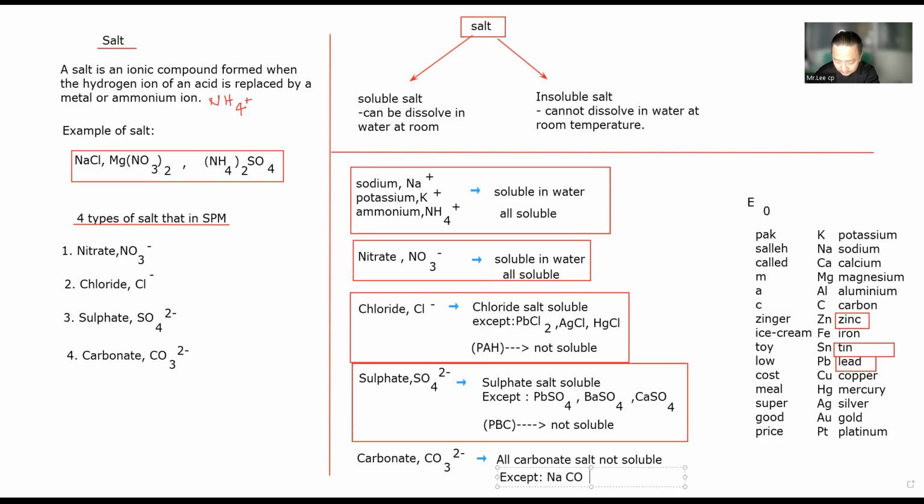I put in the letters: Na2CO3, and then potassium is K2CO3. One more, it is NH4, bracket 2 bracket, CO3.